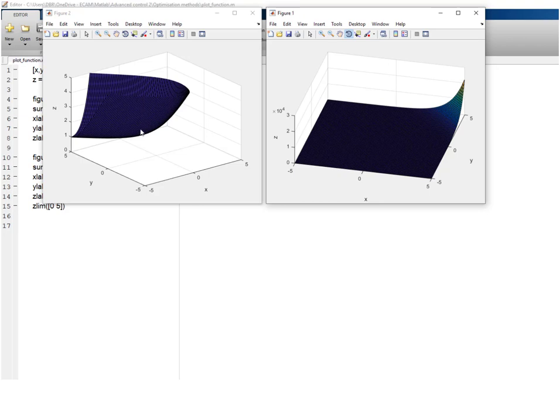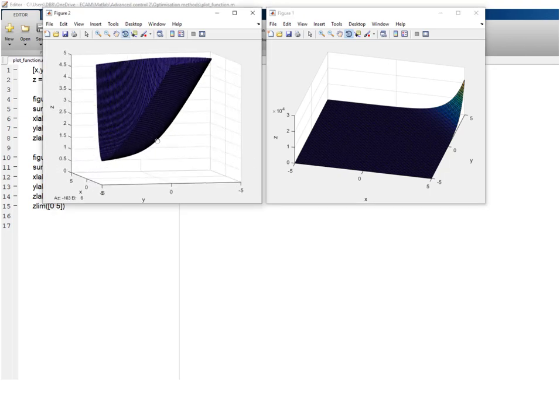In this second plot, it's the same function, but we zoom in on what happens when z is small, and then indeed you see that when x is tending to minus infinity and y is tending to plus infinity, we have here something that tends to a minimum, and this minimum is indeed 1, as you can see.